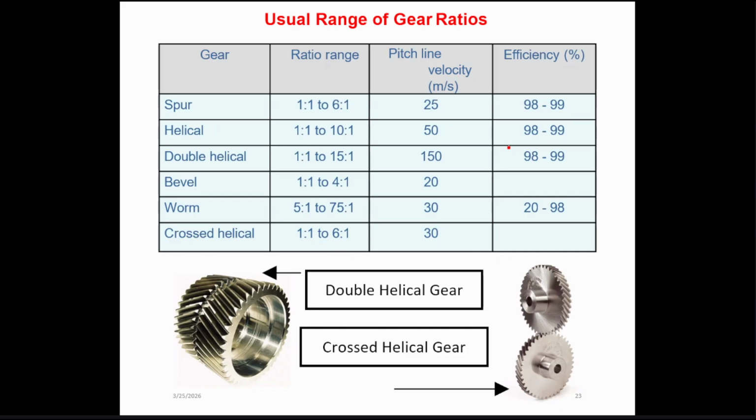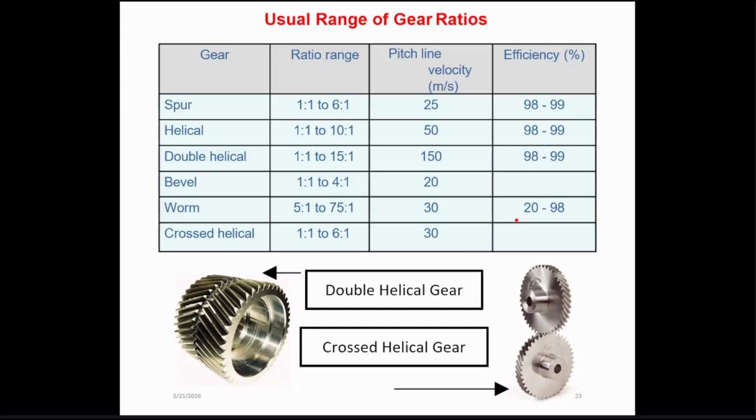In the case of efficiency, as I told you earlier, gears can achieve very high efficiency in the case of power transmission. But the thing is that you can see worm and wheel efficiency is lower. So it can reach up to 98 if the velocity ratio is a bit lower, right?